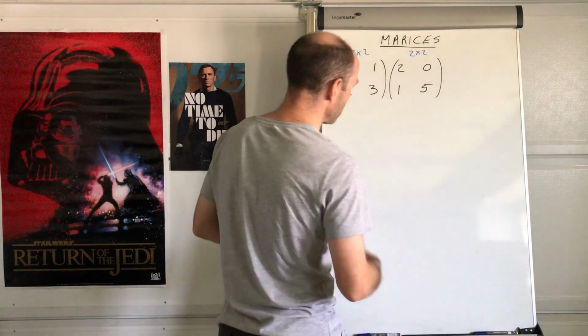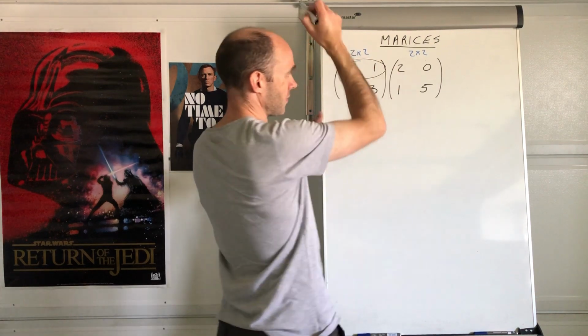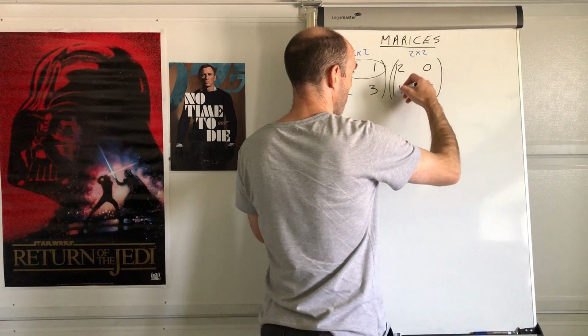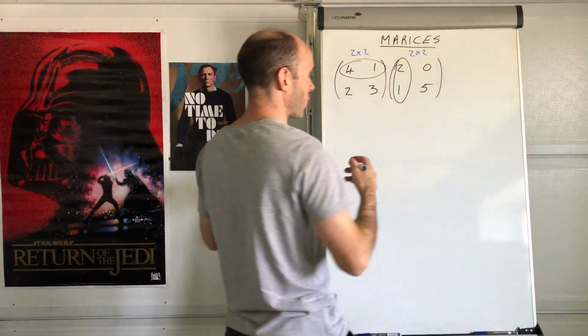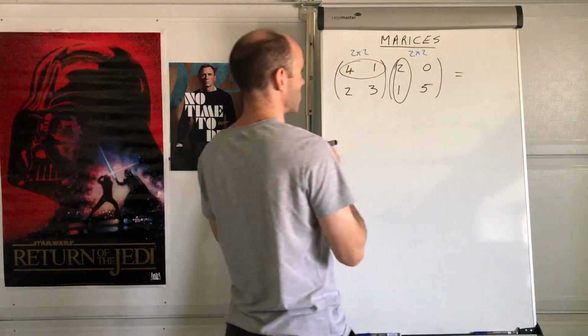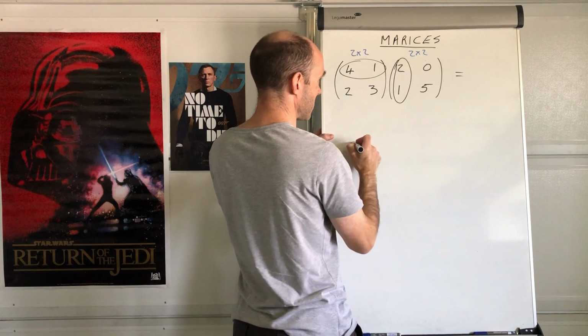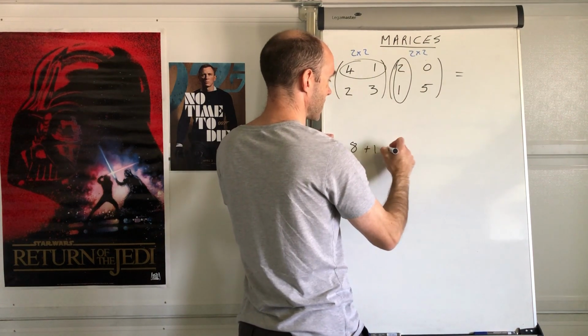You start with the first row of the first matrix and the first column of the second matrix, and you multiply 4 by 2, which is 8, and 1 by 1, which is 1, and add them together.